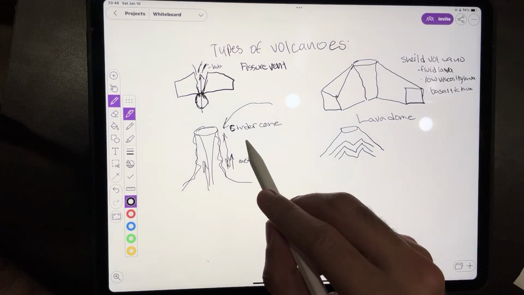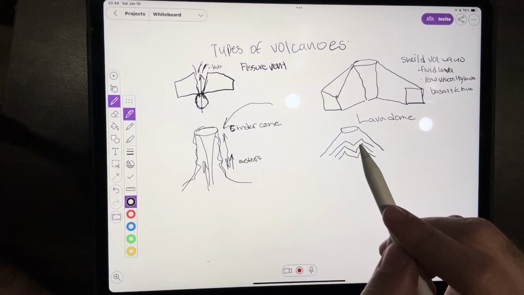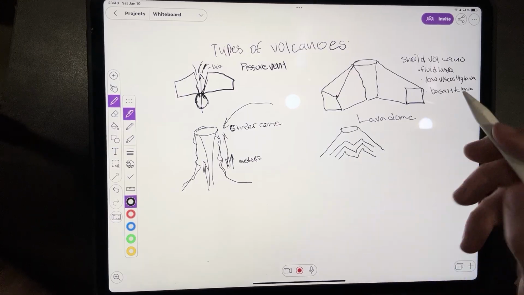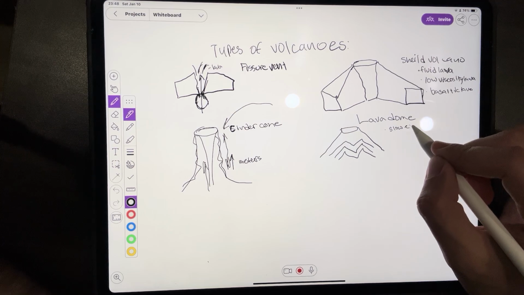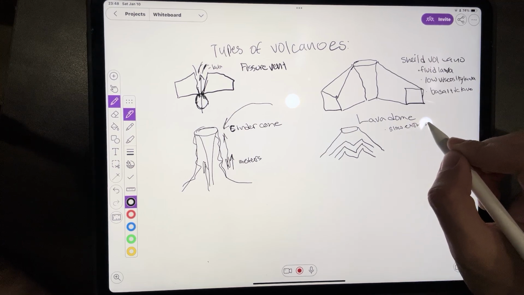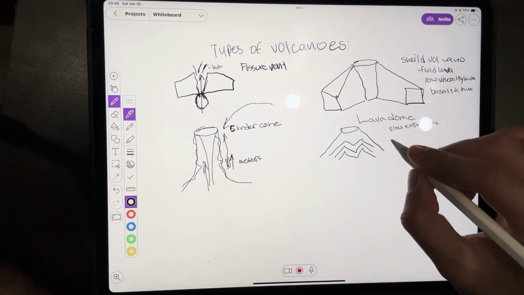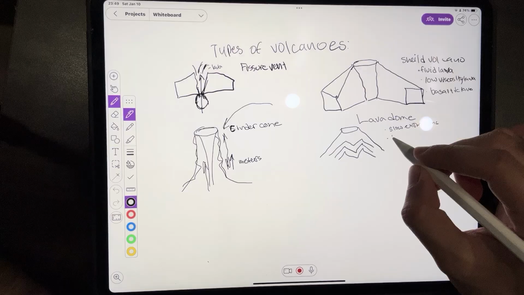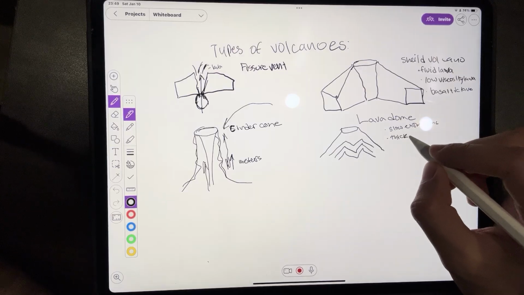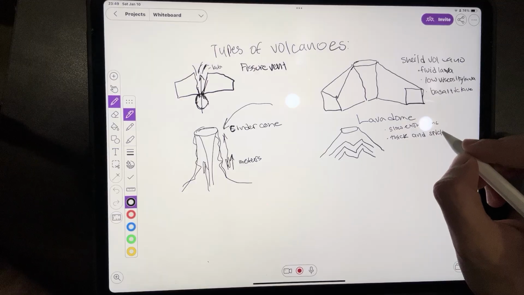Now, just like cinder cones, lava domes are also formed by lava, but they're formed from slow extrusions and they are typically from thick and sticky lava.